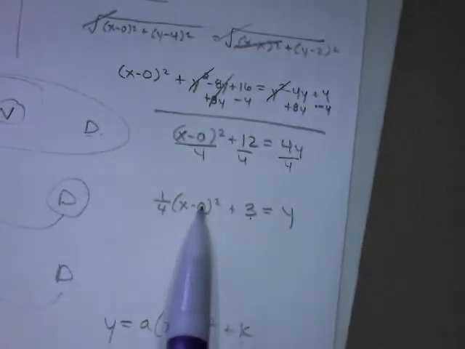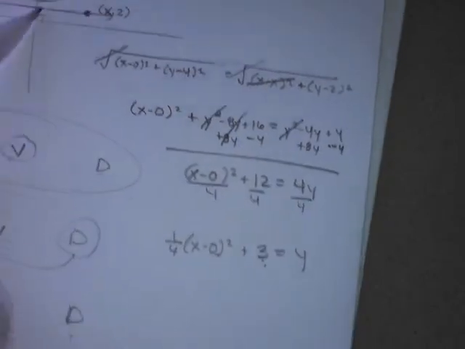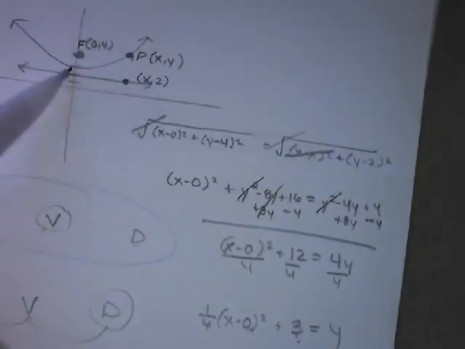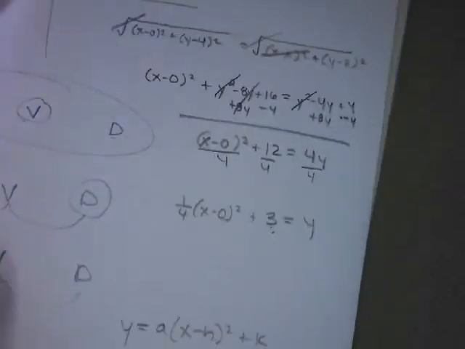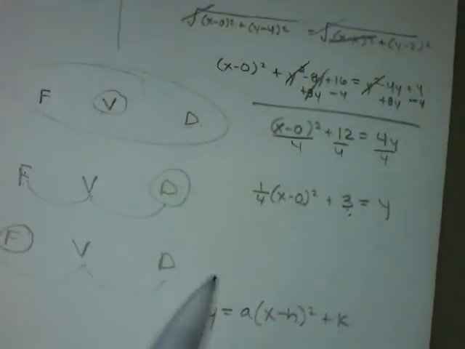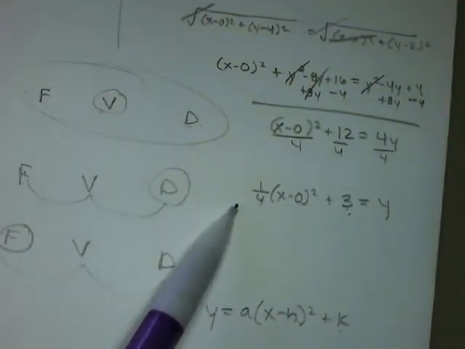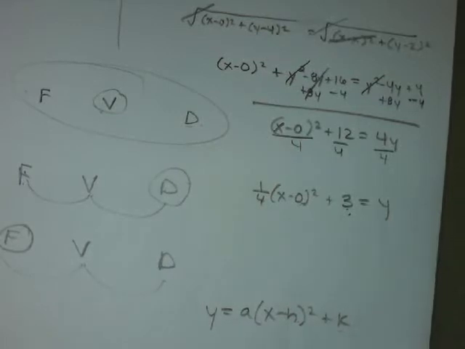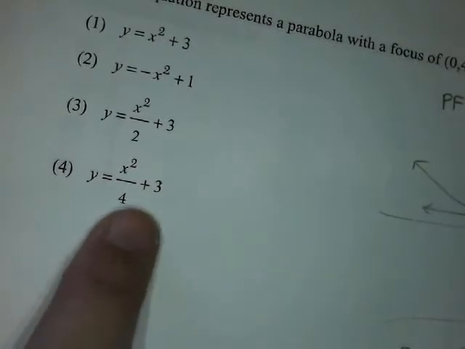And that should be a good checking point because we have a picture. We should know where our vertex is. It's at 0, 3. The big point of all of this is not because we didn't already know what our h, k was. We did. It was to find out what the a value was. And we find out that the a value is 1/4. So of our answers here, the answer is 4.